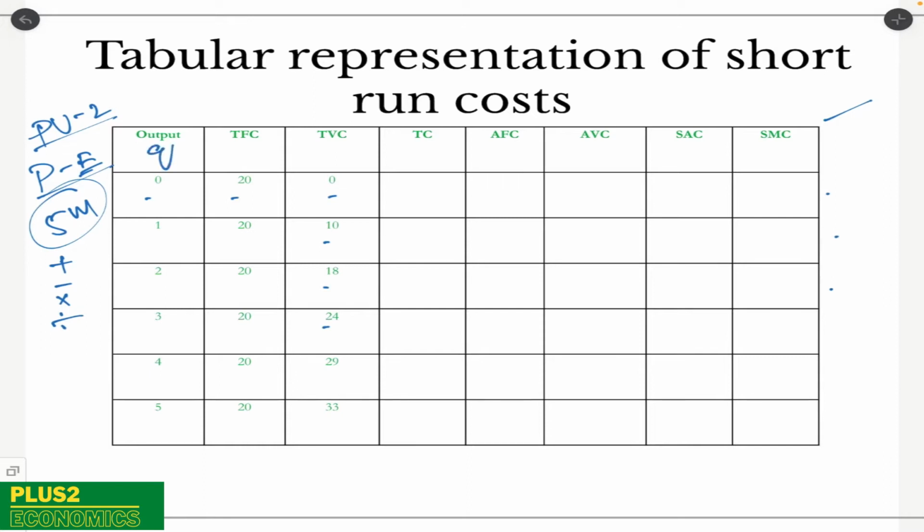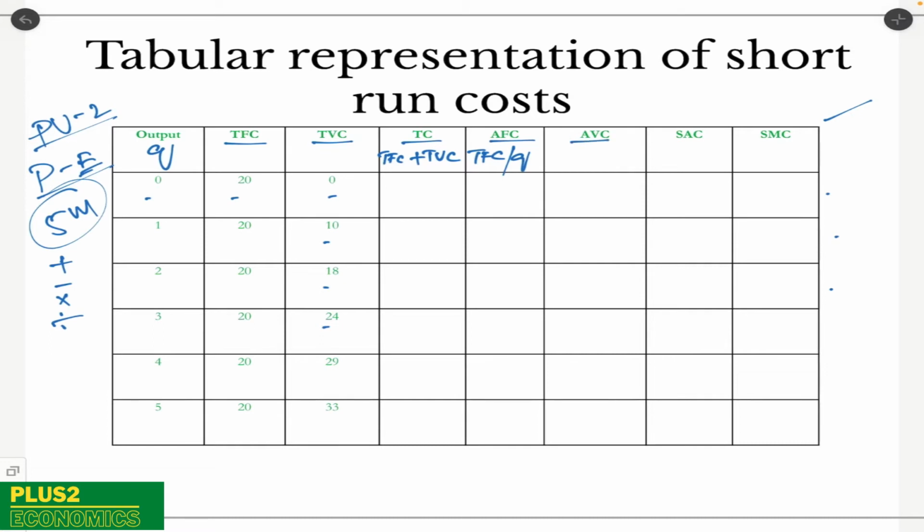Then let us name the output as Q. TFC is anyway given to us, TVC is given to us. TC: what's the formula for TC? The formula is TFC plus TVC. This is the first formula which we have to remember. Now AFC. What does AFC stand for? It stands for average fixed cost. The formula for that is total fixed cost divided by the quantity.